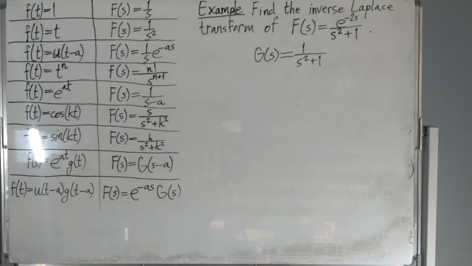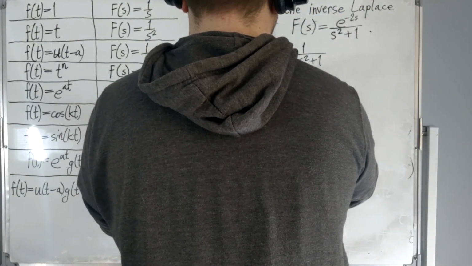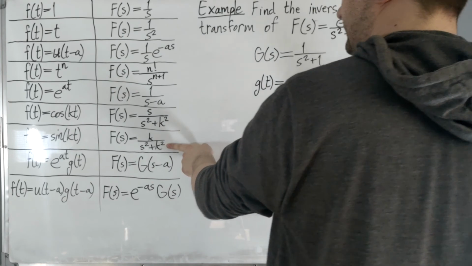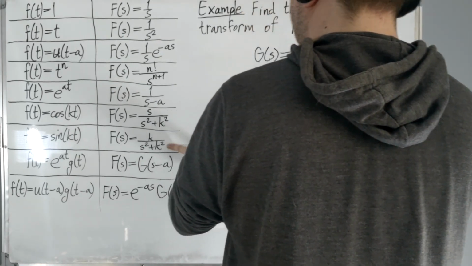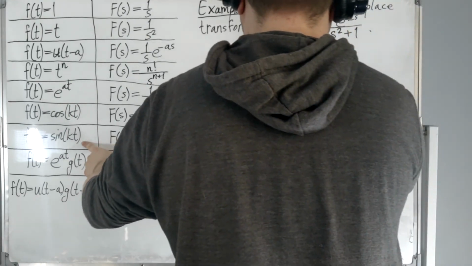Now we're going to need the inverse Laplace transform of that, certainly. So let's find that first of all. That's g of t equals the inverse Laplace transform of 1 over s squared plus 1, which is sine of 1t.